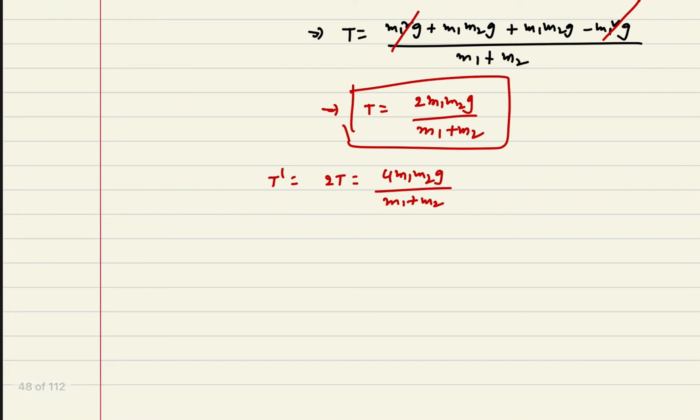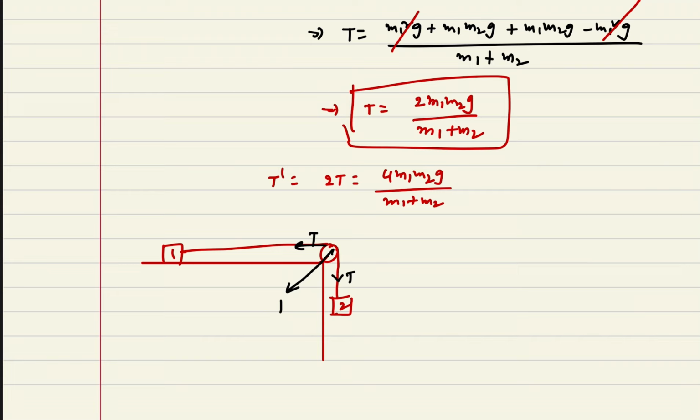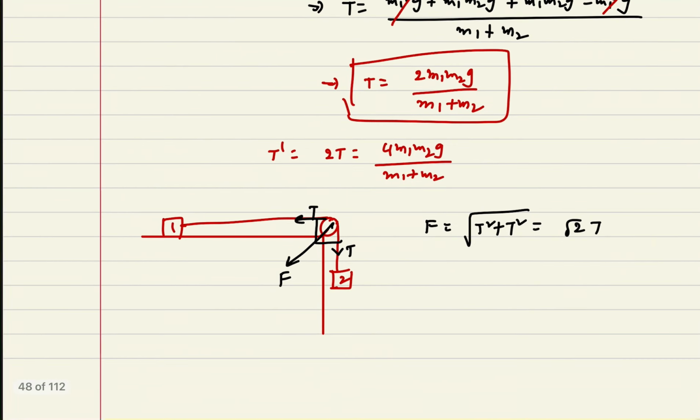You can use it if you want to do any questions. Now one more last thing I will give. Let us consider that a system is given like this, with the first body and second body. Let us consider the tension in the first case is T and in the second also T. What is the net force acting on the pulley? As they are perpendicular to each other, we can write F is equal to the square root of T square plus T square, which is root 2 into T. Suppose these two are inclined at a certain angle theta.